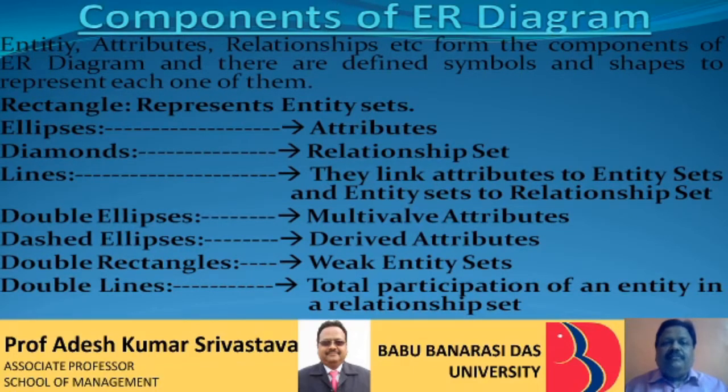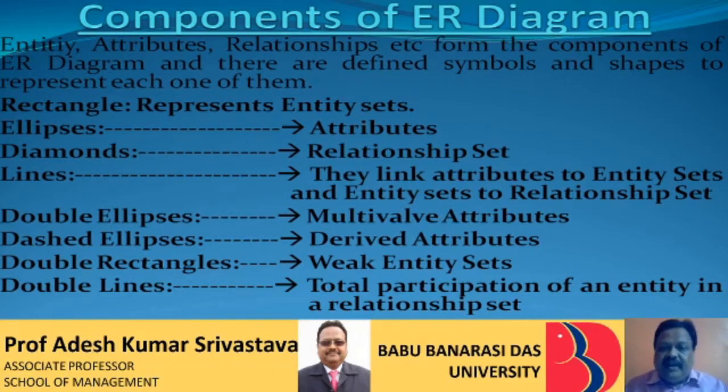Now we come to the components of the ER model. The components are entities, attributes, relationships, etc. For each component of the ER diagram, there are defined symbols and shapes to represent them. We will discuss them one by one. Rectangle: we use a rectangle to represent an entity set. In the same way, we use ellipses to represent attributes, and we use a diamond to represent a relationship set, and we use lines.